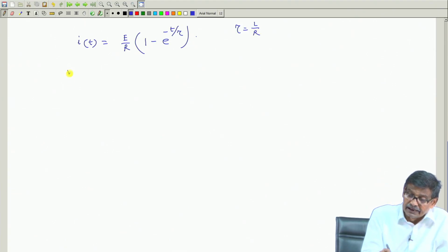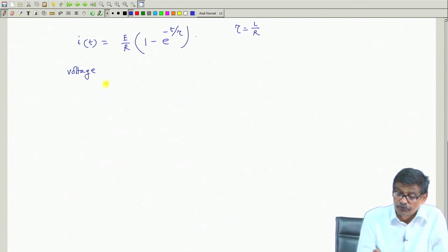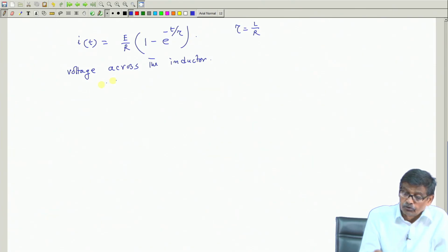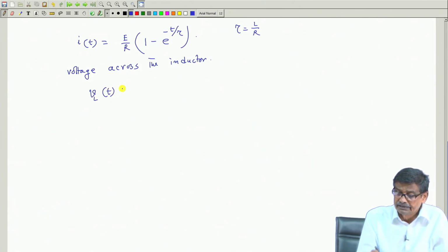Then how does the voltage across the inductor change with time? How to find it out? I can easily find V_L(t), which is nothing but L dI/dt.